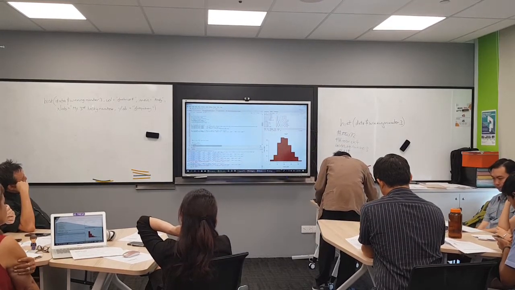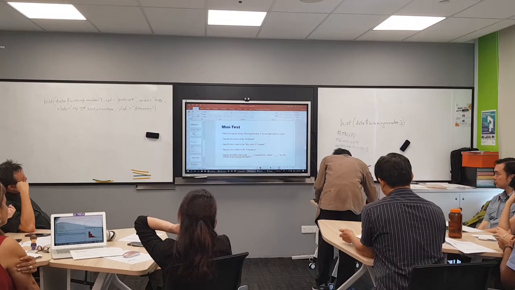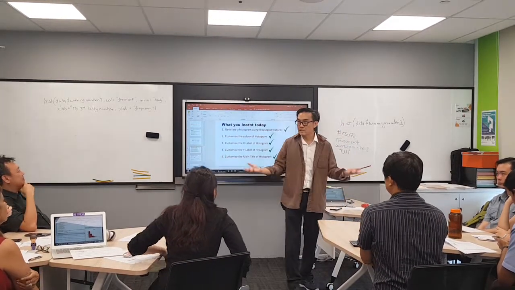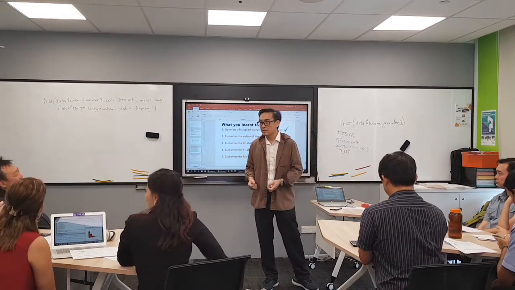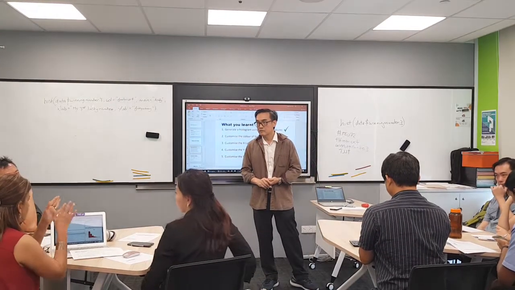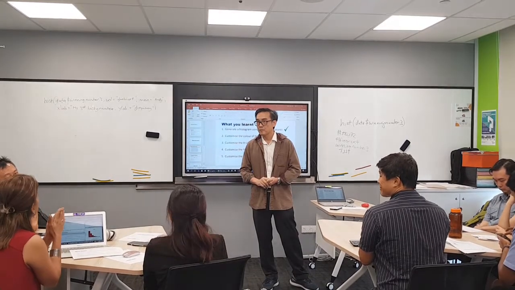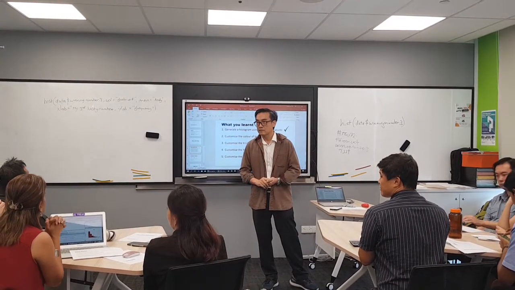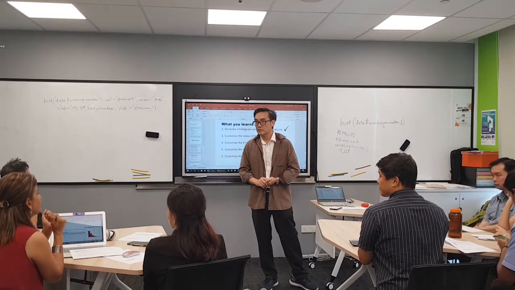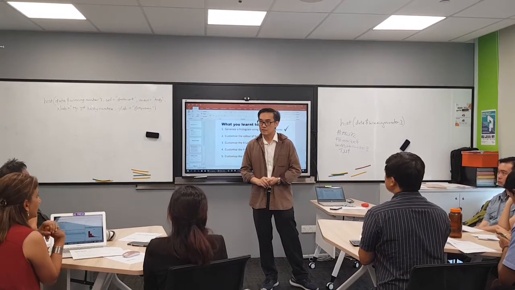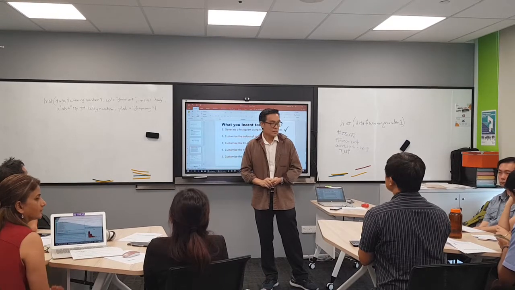So what do you all learn down here? Can I get some feedback? That the histogram shows concise data on both X and Y. Yes, and there are innumerable options. You can be creative and play with colors.